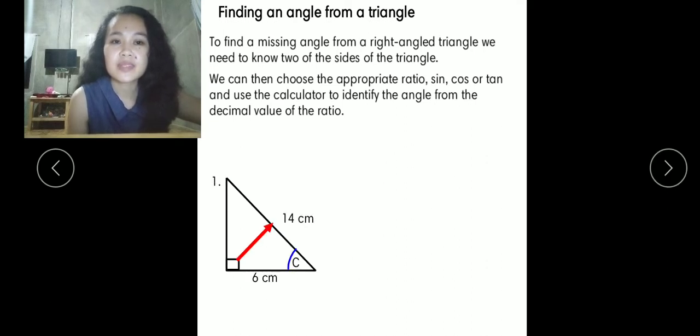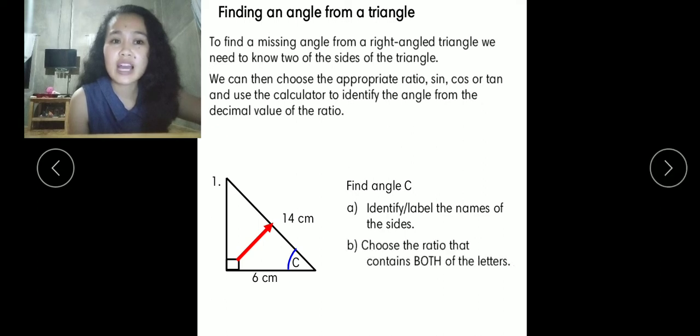Example. In this illustration, we need to find the angle C. In order for us to find the angle C, we need to identify and label the names of the sides, in order for us to choose the ratio that contains both of the letters.